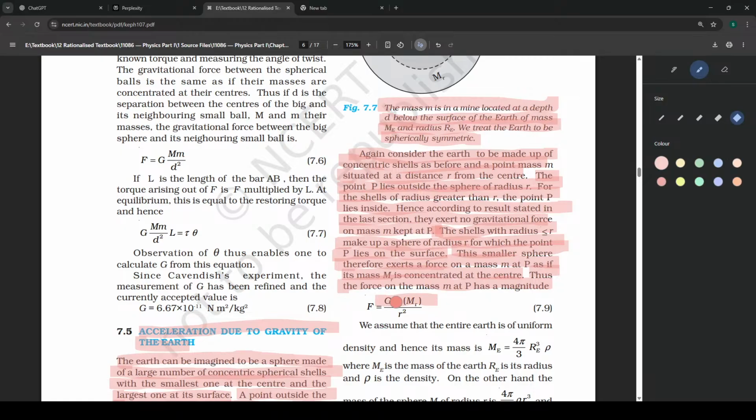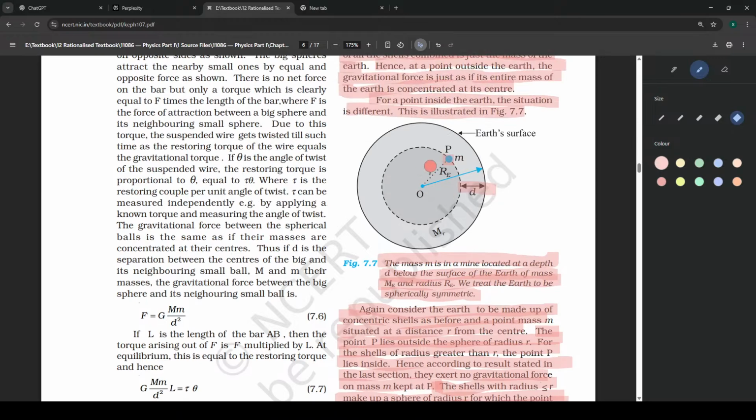Small m is the mass of the point mass which we are keeping at a depth, and capital Mr is the mass of the shell, excluding the outer shells. This one is not considered. The one in red color is considered.